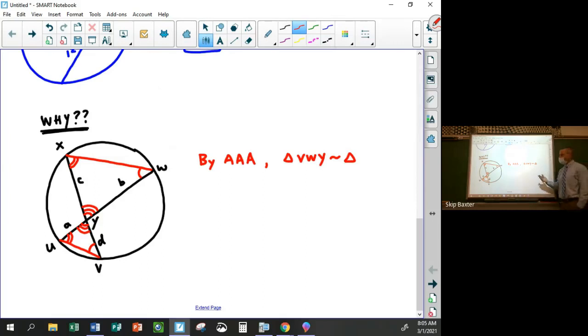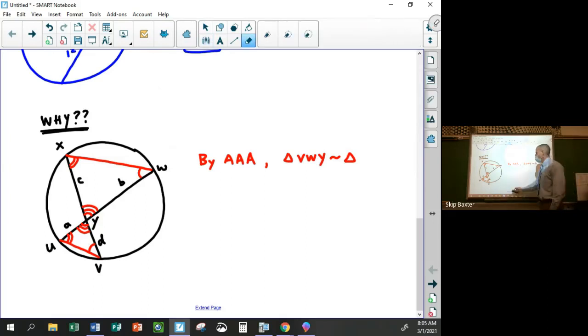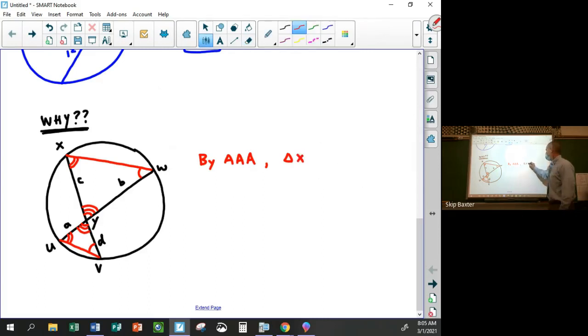Now remember, the order of the letters matters, right? So if I say triangle XWY, what would have to be the order of the letters in the other triangle? UVY. Yeah, UVY. Similar to triangle UVY.